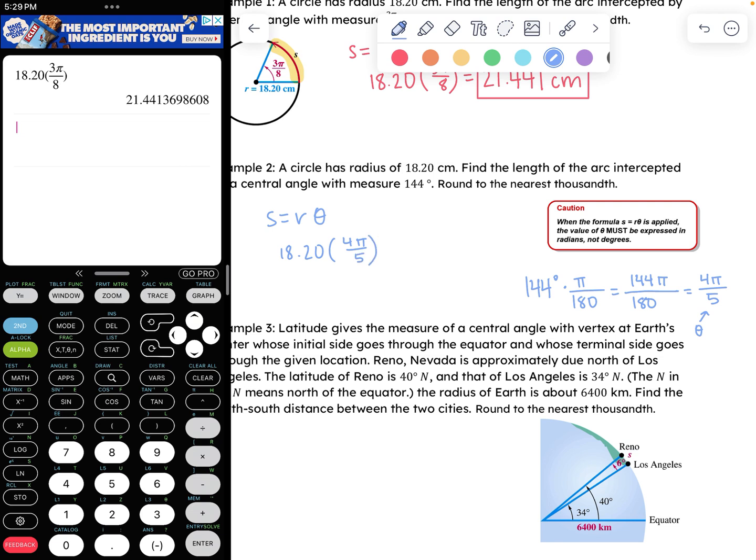I've got to change whatever degree they give me and make it radians. Rounding to the nearest thousandth again, I get 45.742 centimeters.